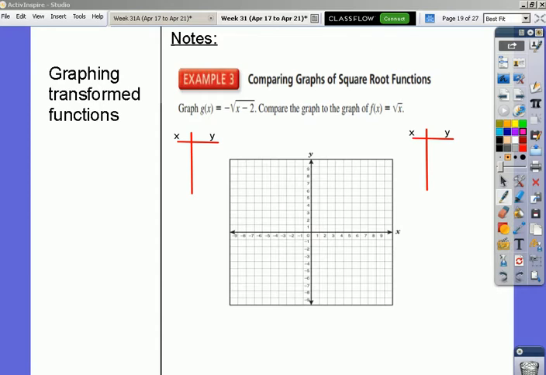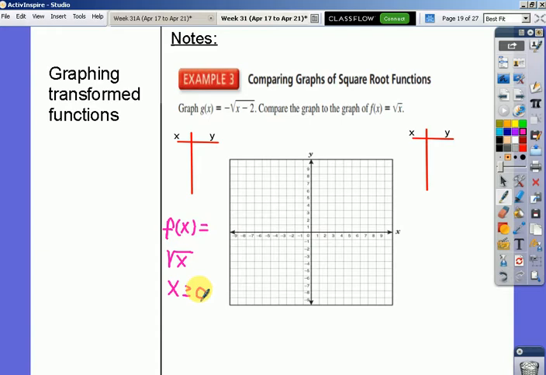All I'm going to do, of course, is just plug in values and plot those points. It's not any more complicated than that. What's my domain? Remember, I have to find my domain first to find my x values. My domain is x's greater than or equal to 0.